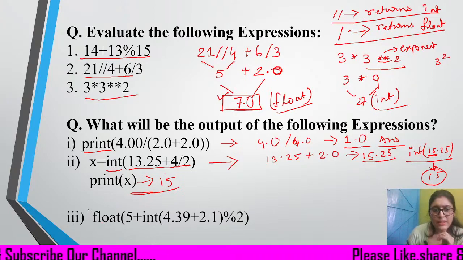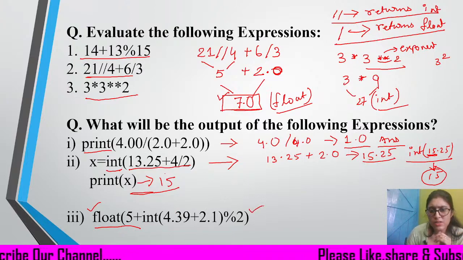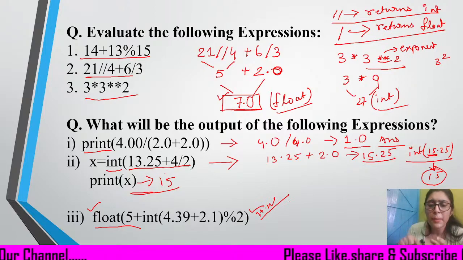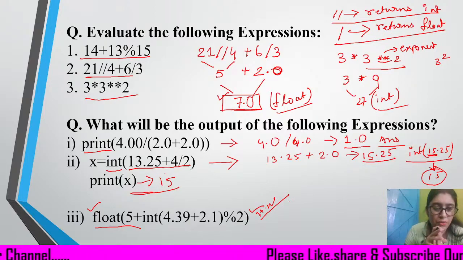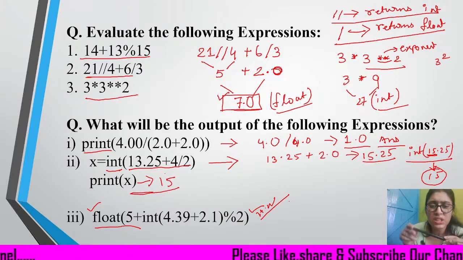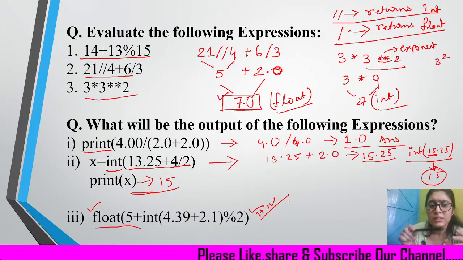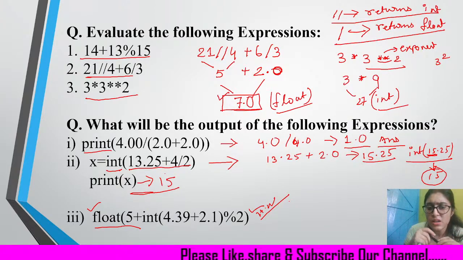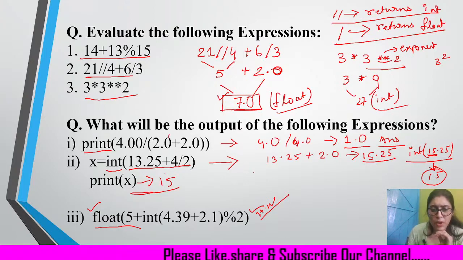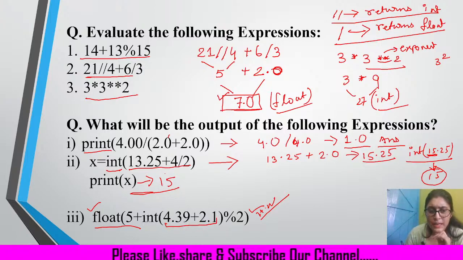Now the next part is your homework, this task you have to do. This is your HW. Comment below what will be the answer of this. Whoever is watching now, just comment below. If you are watching later, after the live session, you must comment then as well. See, step by step you have to do. First you have to solve this one as it is in the bracket part.